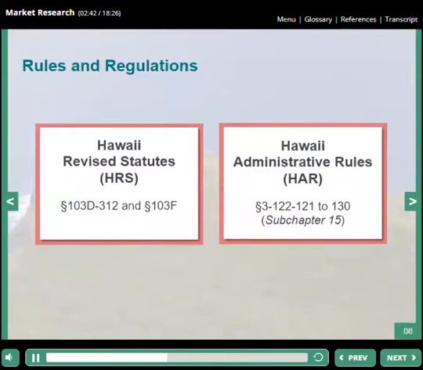The statutes that provide policy guidelines for fair and reasonable pricing are HRS 103D-312 and HRS 103F. Administrative rules for additional costs and pricing guidelines are defined in HAR Chapter 3-122, Subchapter 15. You can review some of these regulations. Click each reference and read through the information.